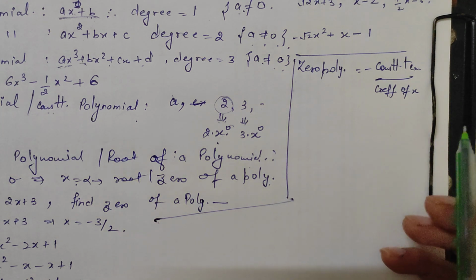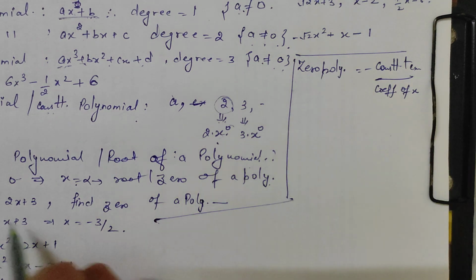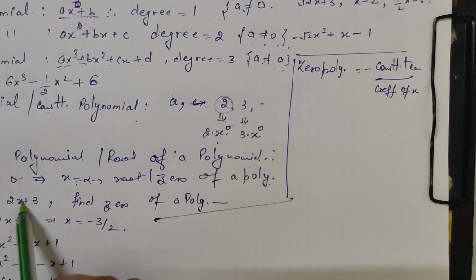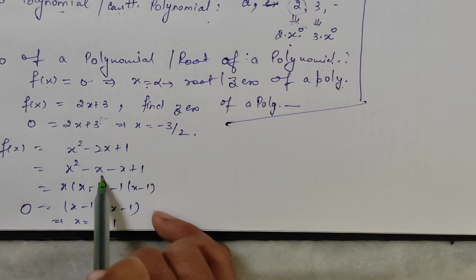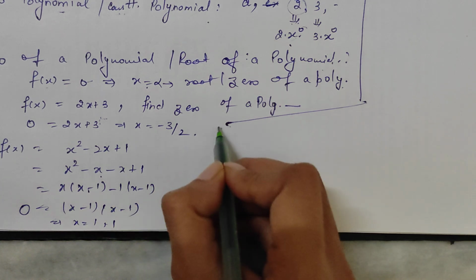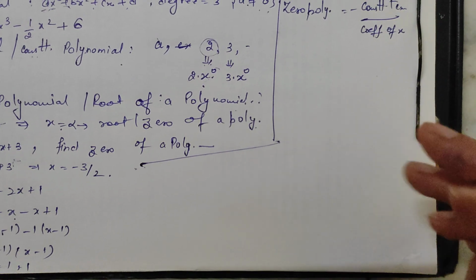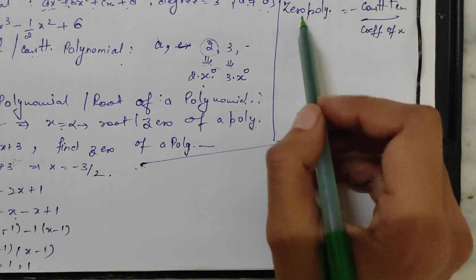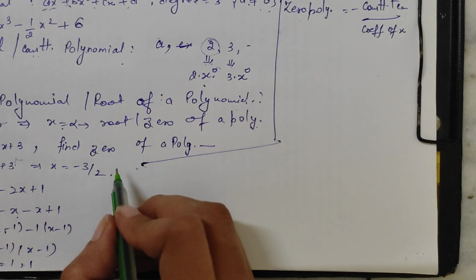Is it clear? Now there is another meaning of the zero of a polynomial, like what we just talked about, zero of a polynomial, linear polynomial and quadratic polynomial. So now we can talk about the geometrical meaning. If I am talking about a linear polynomial, what do I mean?